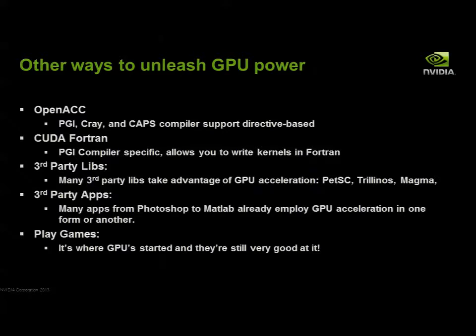The flip side is that it limits you to the PGI compiler, but depending on your particular needs, it can be a very quick route to GPU acceleration of your Fortran code. So this is basically it on the tools side. Are there any questions?